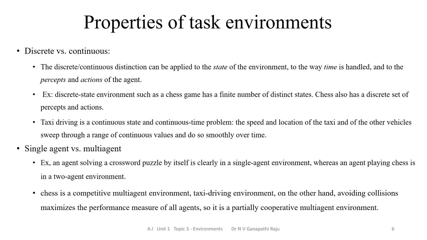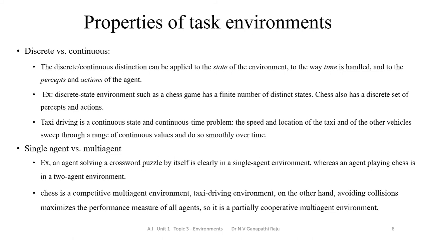Discrete versus continuous environments. The discrete or continuous distinction can be applied to the state of the environment, to the way time is handled, and to the percepts and actions of the agent. The example for a discrete environment is the chess game. It has a finite number of distinct states.